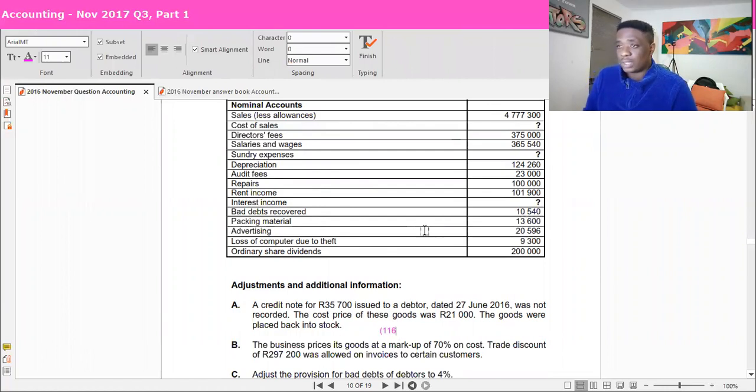So what's the amount for debtors? 116,500, and then you'd subtract the 35,700, and then you'd multiply all that by 4%, and that would give you 3,232.